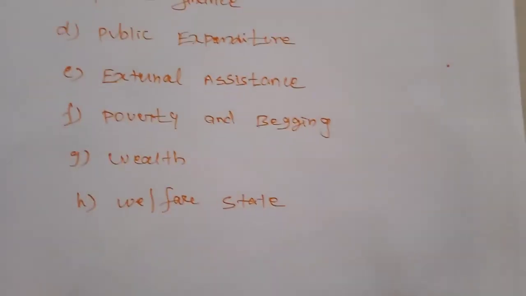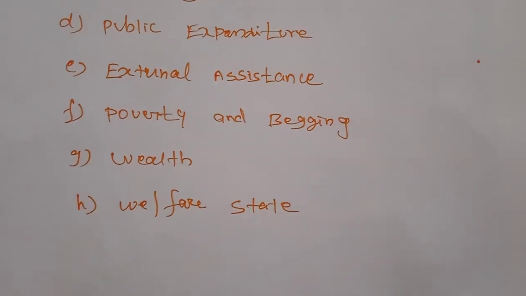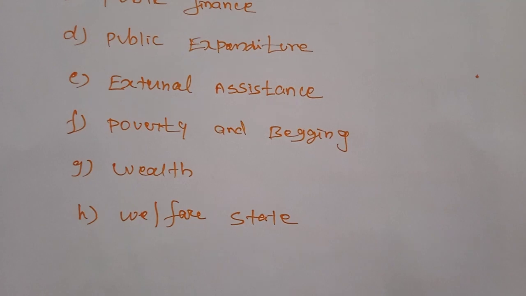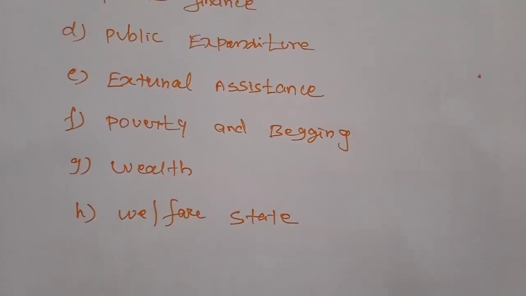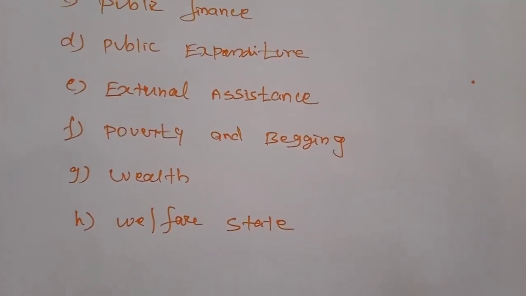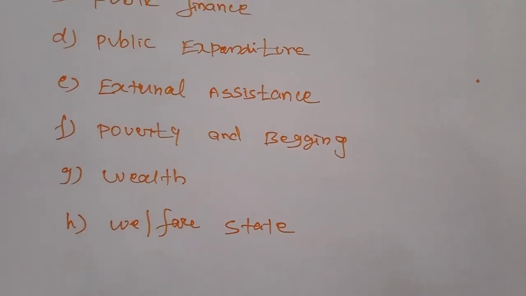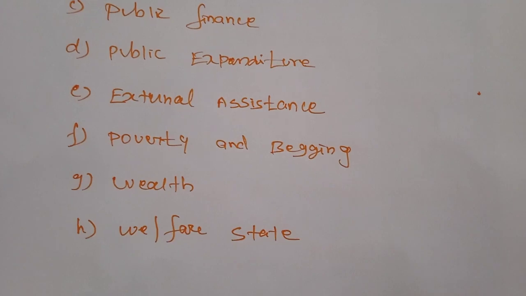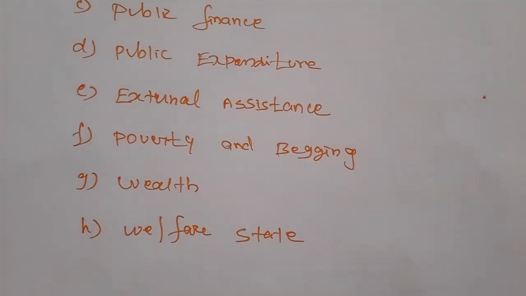Next, poverty and begging. Valluvar considers freedom from hunger as one of the fundamental freedoms that should be enjoyed by every citizen. So we must eradicate all poverty and begging.